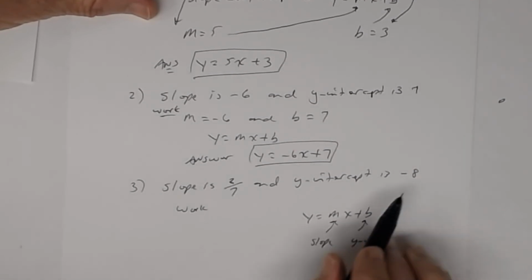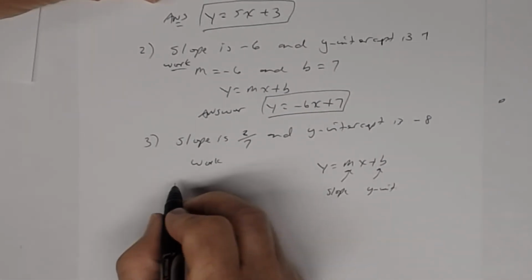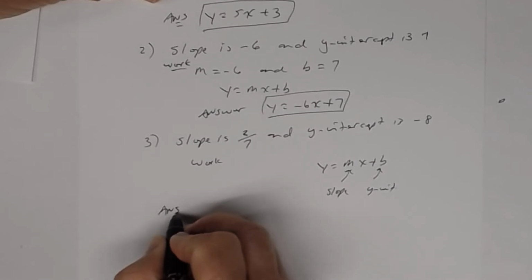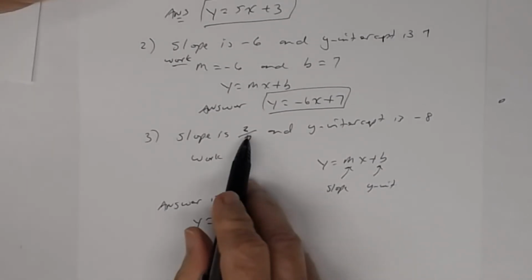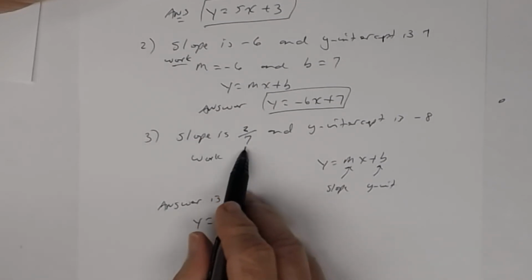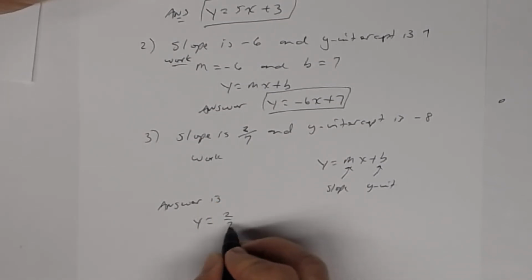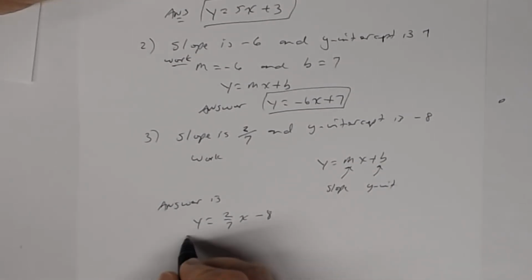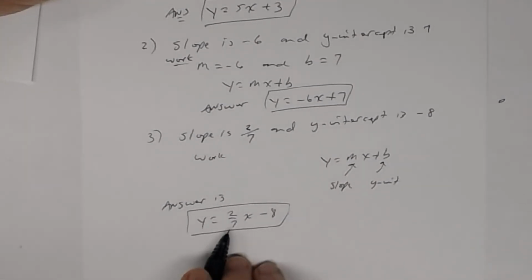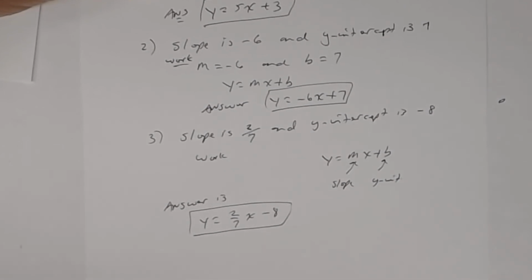Slope is 2/7, y-intercept's -8. So the answer is y equals 2/7 x, because that's your slope, and the y-intercept's -8, so y equals 2/7 x minus 8.